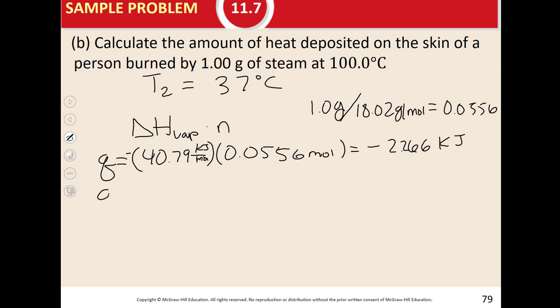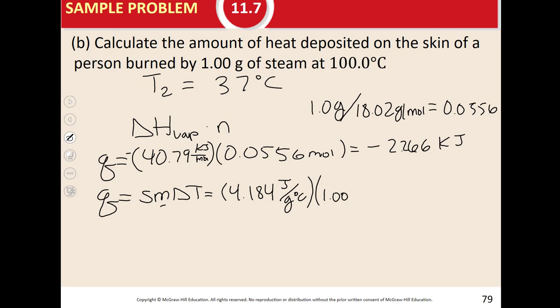Now let's do the second one, which is the temperature change. That was q equals s m delta T. What is s, the specific heat of water? Well, we probably haven't seen that one since chapter 5, but it's 4.184, and that's in units of joules per gram degrees Celsius. m is just the mass, so we don't have to convert that to moles.